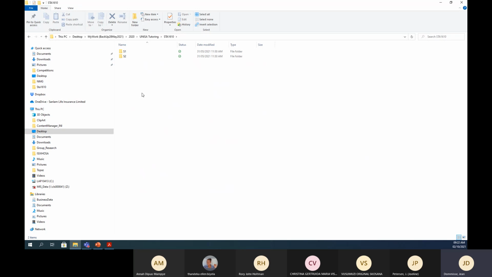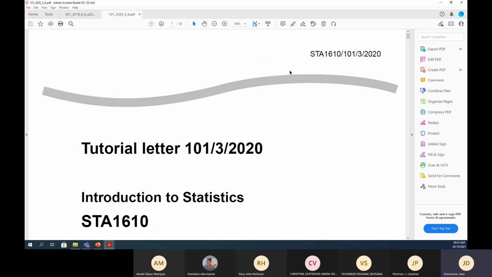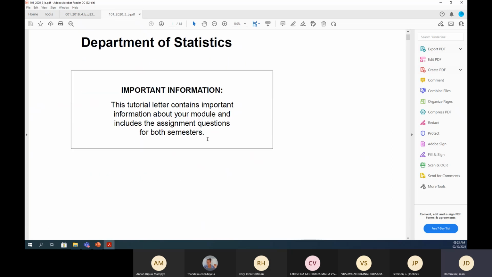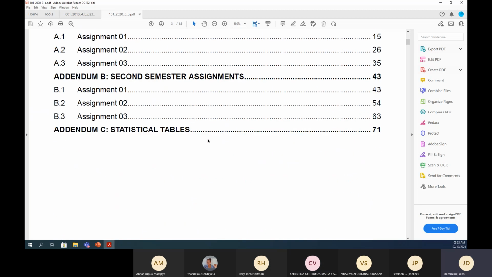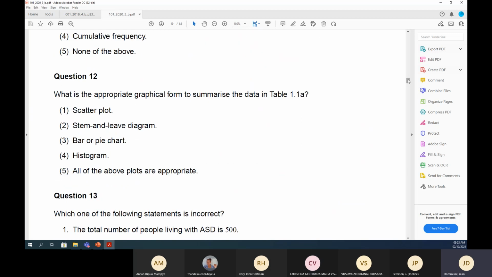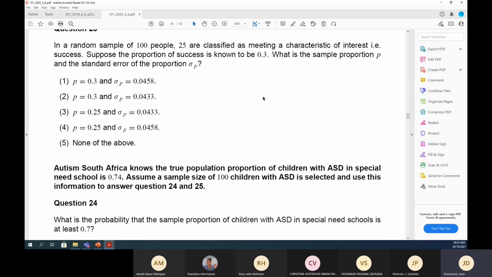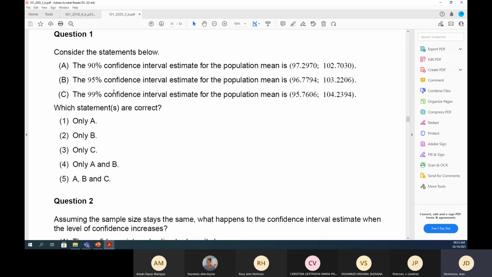It wouldn't have mattered which semester, so it's probably been in the first one. I'll share this with you guys as well. It was last year's assignments. It's a big one, so I will see how I can share it with you.